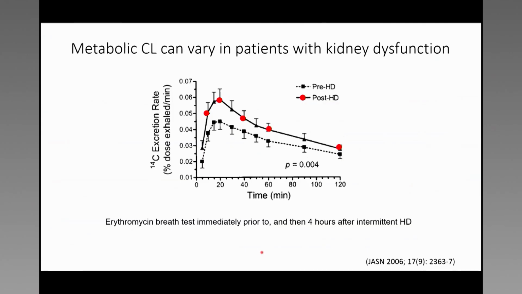That's odd, and confusing, and really interesting, because what it shows us is that in patients with end-stage kidney disease, the theory is that there are circulating uremic toxins, and these inhibit the cytochrome P450, or perhaps they also inhibit transporters. This causes changes in non-renal clearance of drugs.